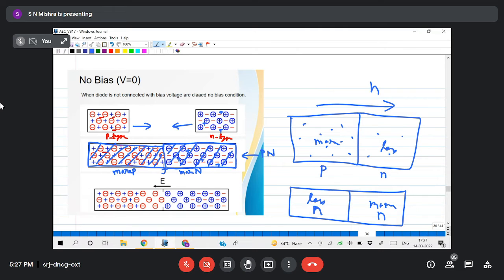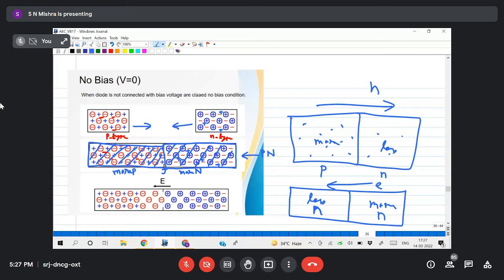So majority means more, minority means less. So if I consider electrons, the electrons will move from which direction to which direction? N to P or P to N? N to P. So electrons will move from N to P, hole will move from P to N.